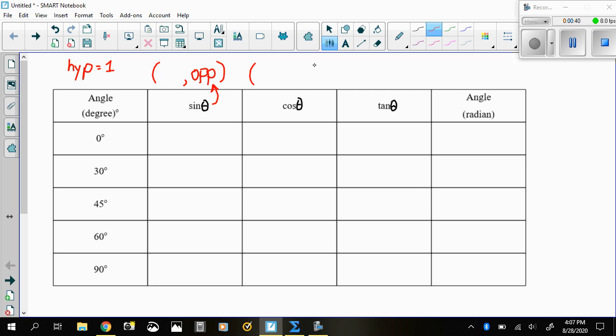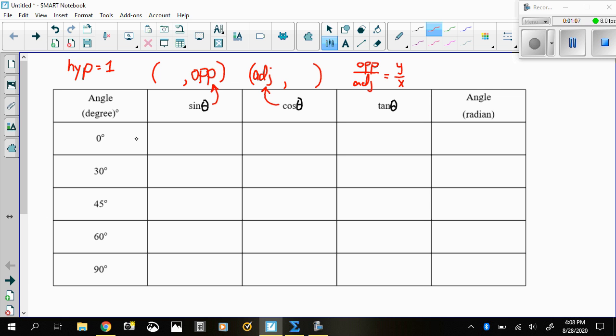And similar deduction for cosine, since the adjacent side is the horizontal or the x-coordinate, and adjacent over 1 would mean that cosine is the x-coordinate. Tangent uses opposite over adjacent, and so that would be our y over our x coordinates from the ordered pair on the unit circle.